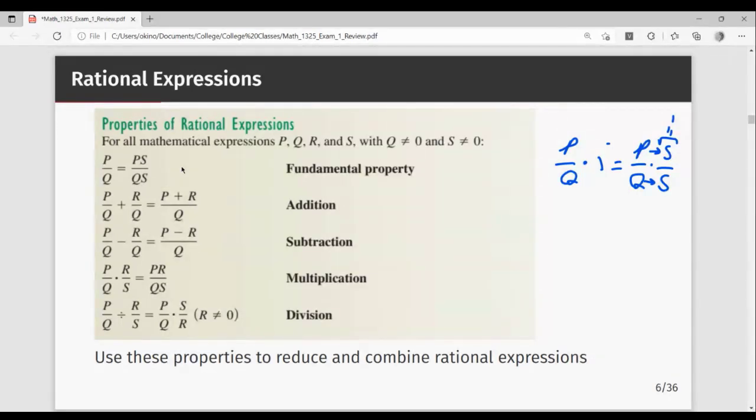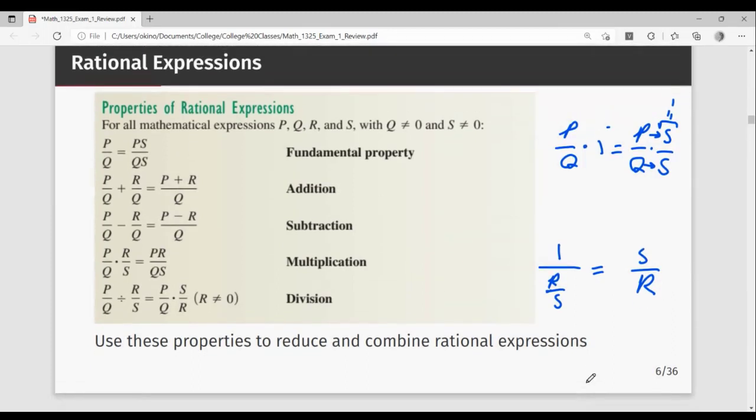When you're dividing by the fraction r over s, you're actually multiplying by its reciprocal. What do I mean by its reciprocal? Technically it's 1 over your fraction. Although it looks kind of weird, it just means you flip it over. So when you're dividing by a fraction, you're really just multiplying by the flipped-over version.